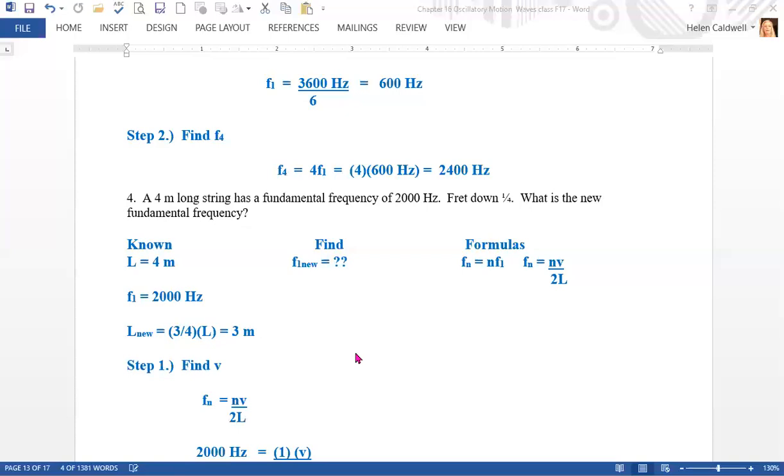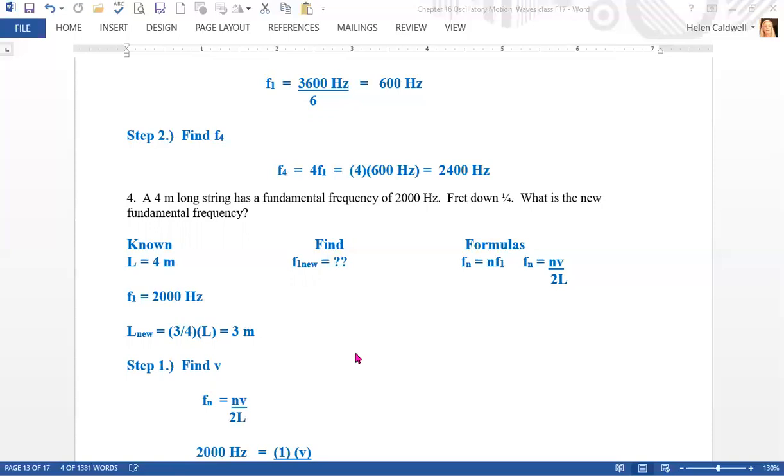If we'd fretted down 10 centimeters, you'd be using 3.9 meters worth of string. So you ought to be able to figure out, if I tell you how far you fret down, either by giving you an amount or a fraction, how much is left over. And if you struggle with that, let me know and I'll give you practice problems.